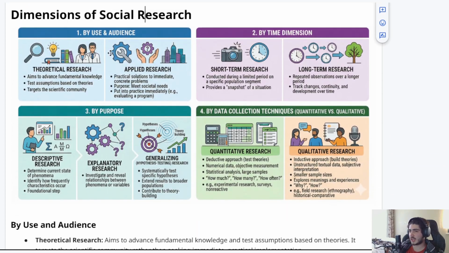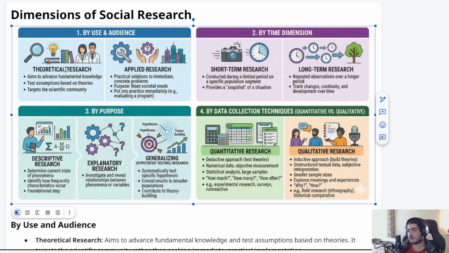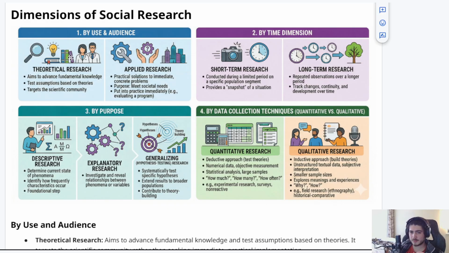Now, let's check out the dimensions of social research. It's not only social research, but actually, we use these in normal research as well. Now, there is theoretical research and there is applied research. The difference between these is theoretical research is for the nerds. It's for the scientific community.